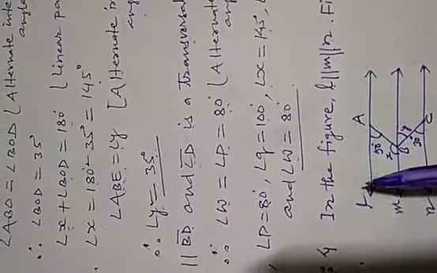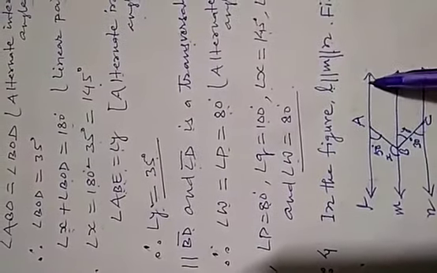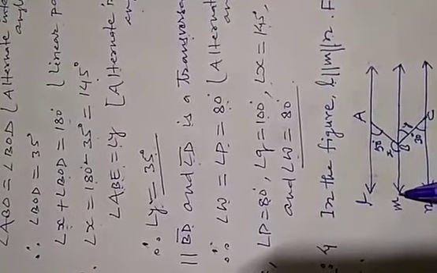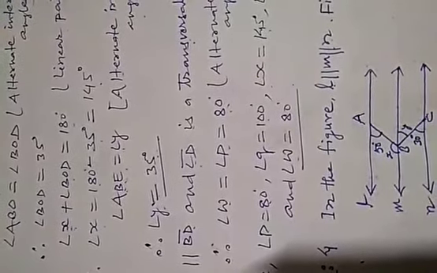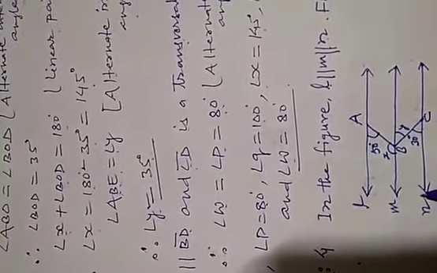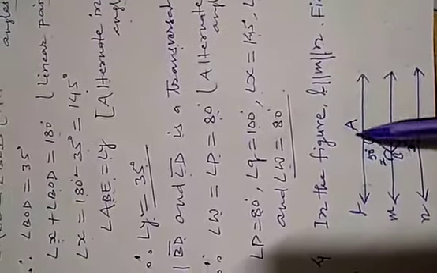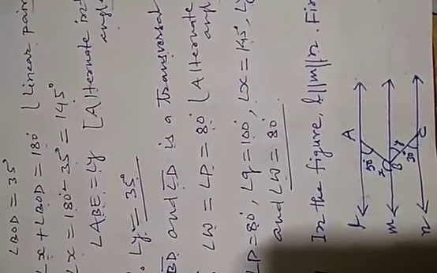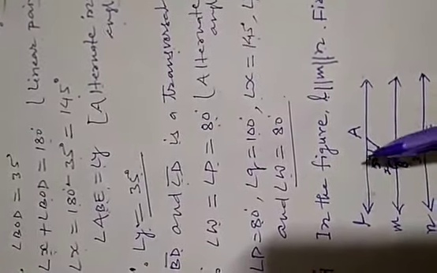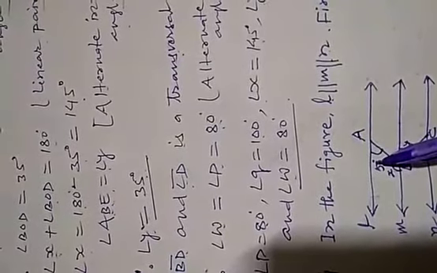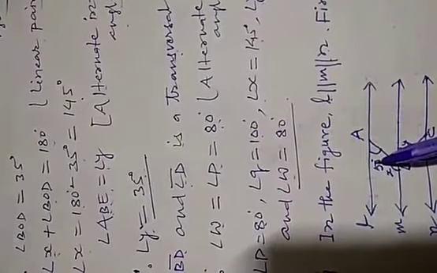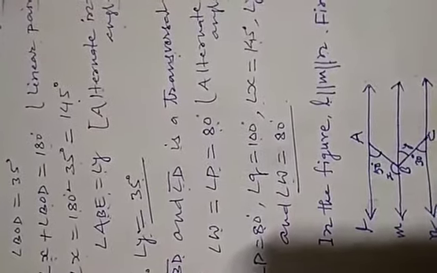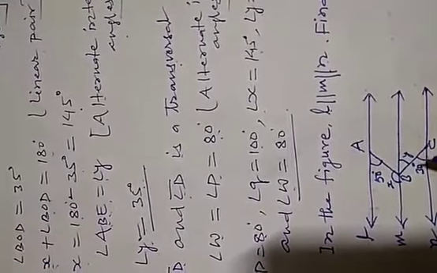Here, in this figure, line L is parallel to M, is parallel to N, and AB is transversal. In which angle A equals 50 degree and angle C is equal 30 degree.